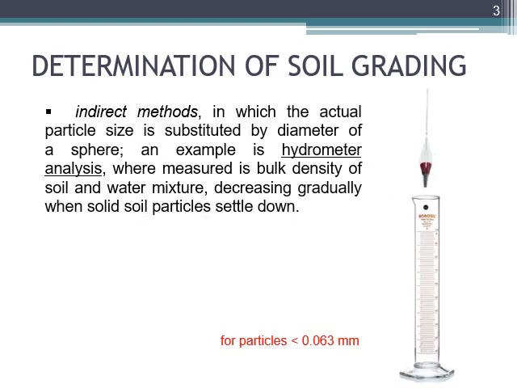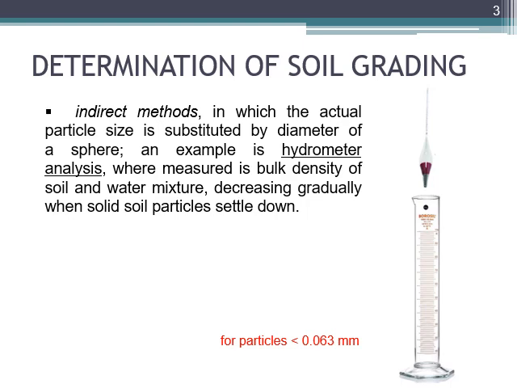If the soil particles are too small to use the sieve analysis, by too small, I mean smaller than 0.063 millimeters, in such a case, we need to use some indirect methods of the grading analysis.